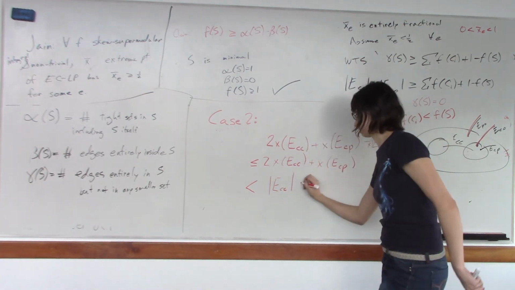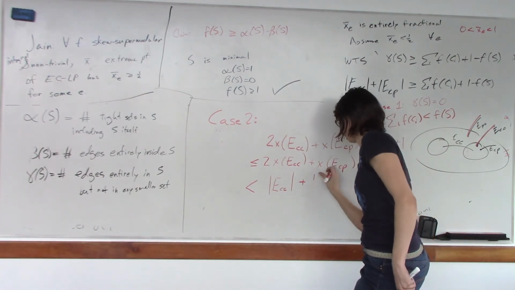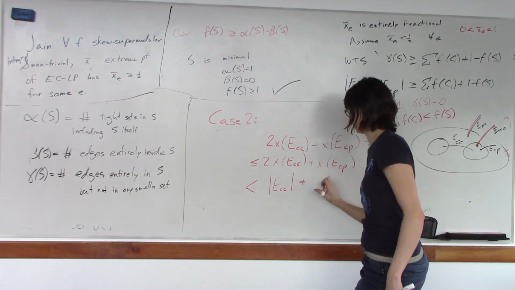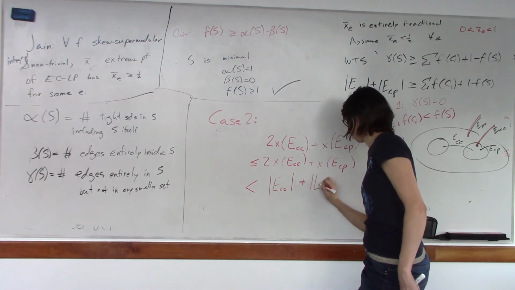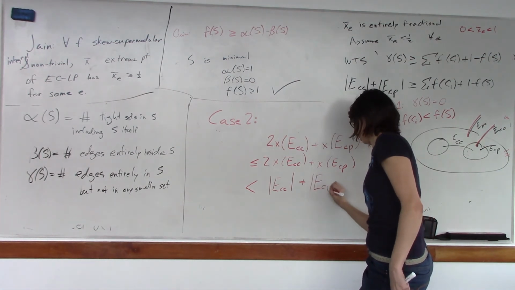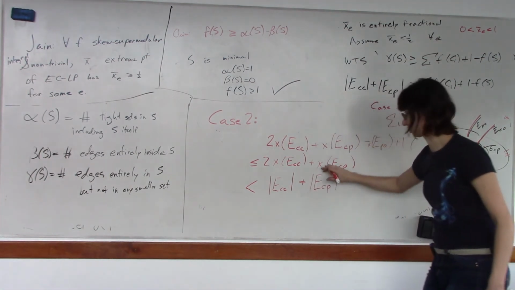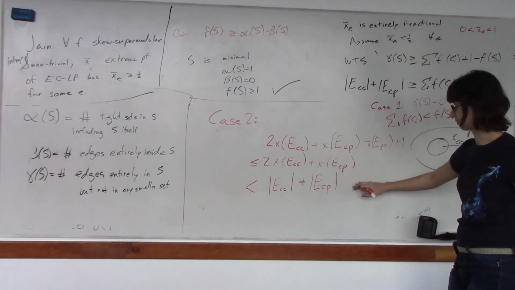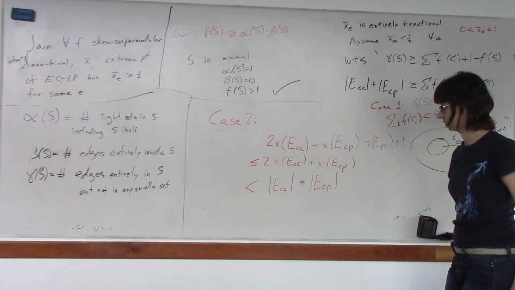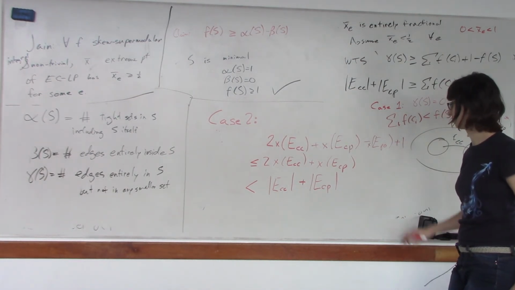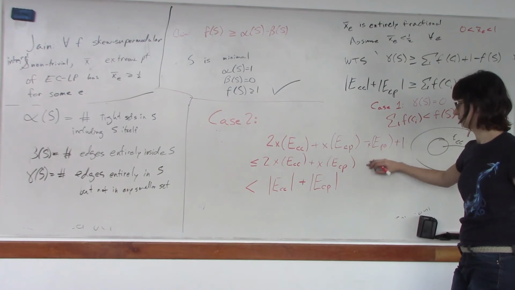And likewise, this is strictly less than ECP, because this is even smaller. I don't even have a 2 out in front here. Are you assuming that x of EPO is bigger than 1? No. So how do you get from the first one to the second one?